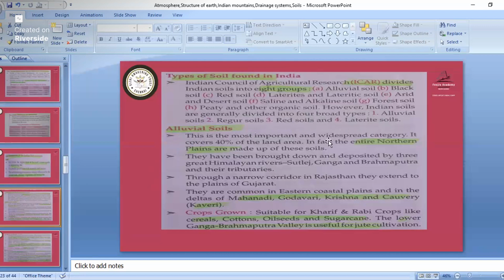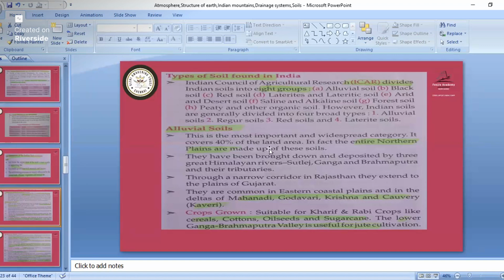This is the most important and widespread category. It covers 40% of the land area. Actually, see, the presence of alluvial soil is mostly near river systems, or mostly near water bodies except seas.